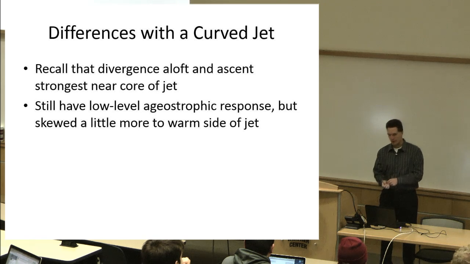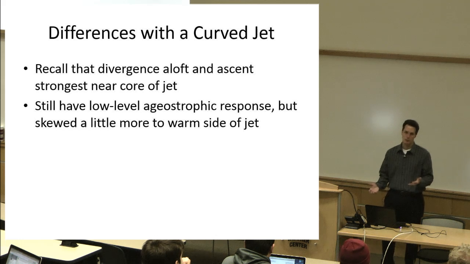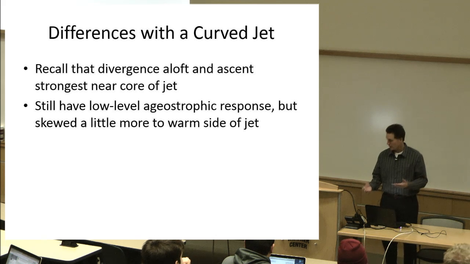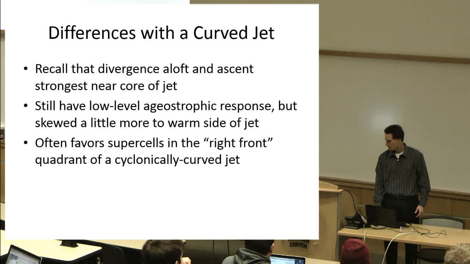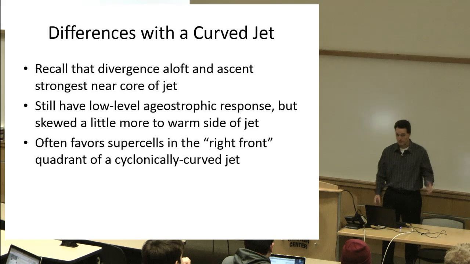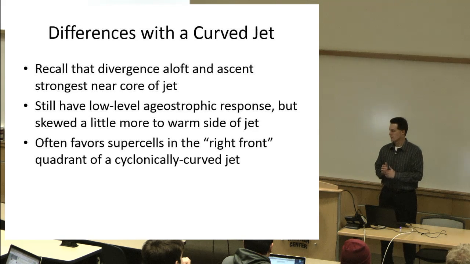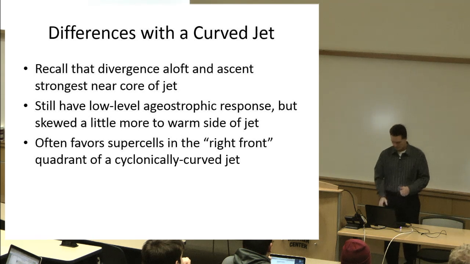So a curved jet pushes the response exactly in the direction where we typically have the buoyancy. So you don't have to work as hard to get some alignment spatially of the buoyant air mass with the stronger vertical shear. And again, that right front quadrant, which some people are so afraid of, is actually where many, many severe weather outbreaks occur.